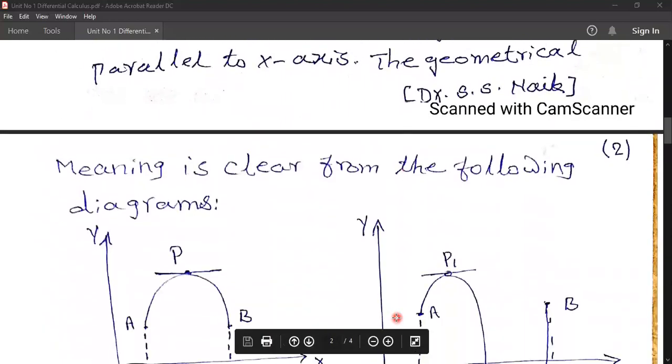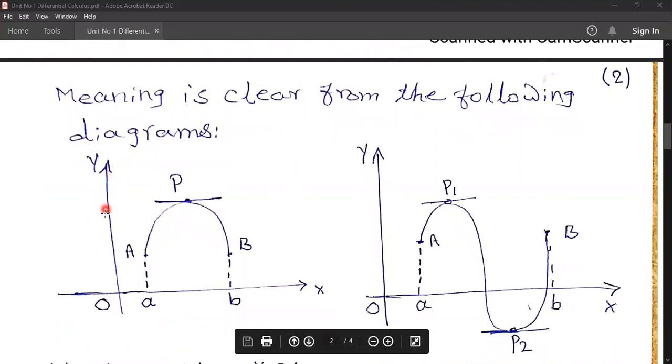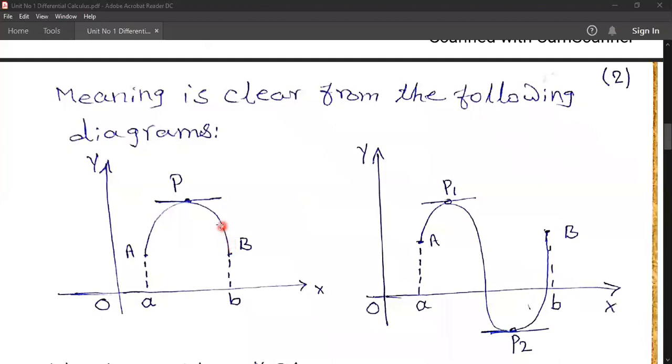If you see this diagram, this is the x-axis, this is the y-axis, and this is the curve y is equal to f of x, which is a continuous curve. Then at this point A and at this point B, you have the ordinates.